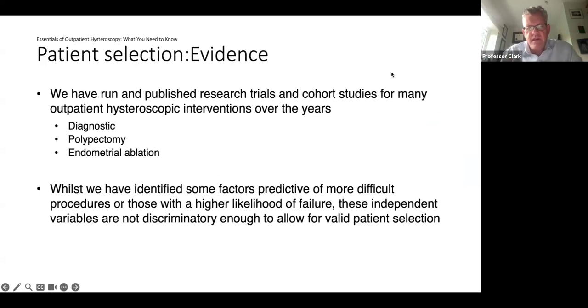I've certainly over the years been involved in a number of trials comparing outpatient procedures with more conventional inpatient or day case procedures, or comparing various technologies in an outpatient setting. Basically, what we've found is that it's quite hard to actually predict which patients are more suitable for an outpatient procedure and which patients are not.